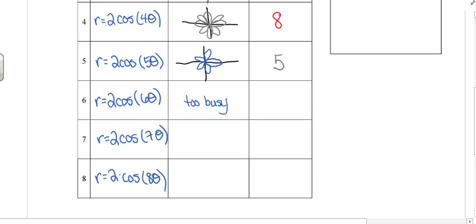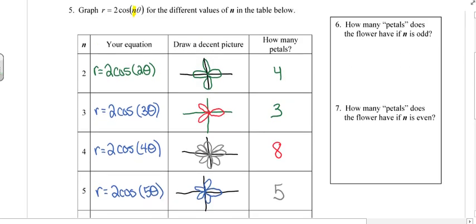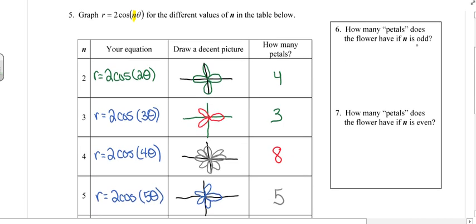But if we had to make a prediction here, when the n value is odd, the number of petals is exactly equal to n. So notice, for instance, 3 petals when n was 3, 5 petals when n was 5.